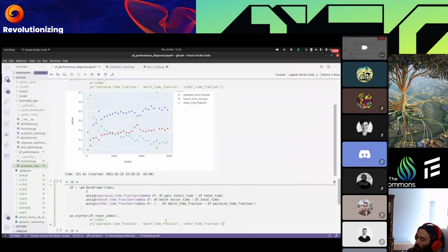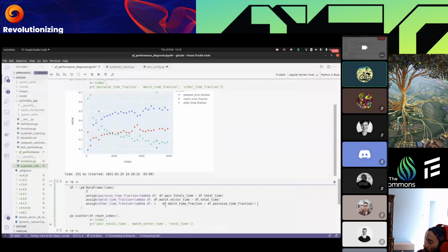So I'm going to prepare that here. This one is going to be the pair totals time. This is going to be the match vector time. And this one here is going to be the total time.